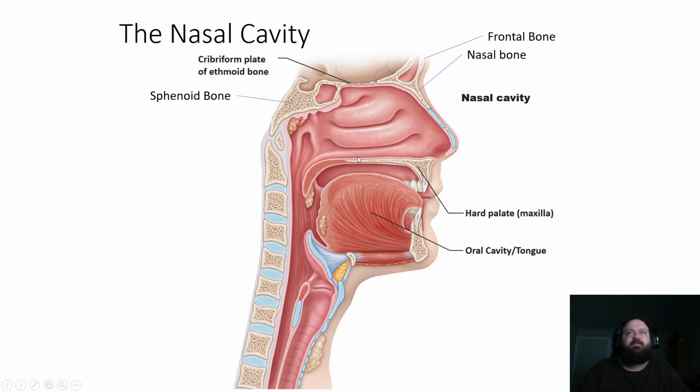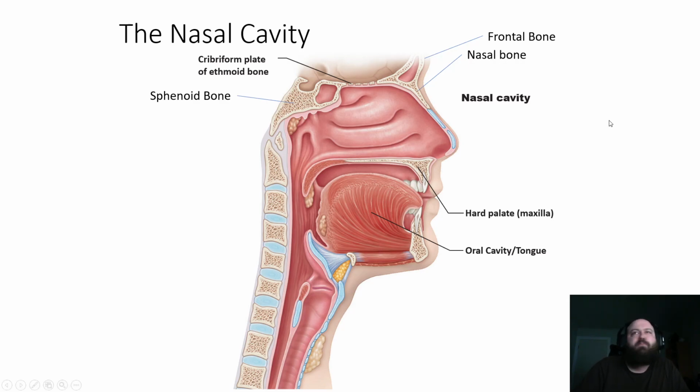So this is the bony framework. We can focus on the maxilla at the inferior levels. At the anterior, it's the nasal bone and the external nose. At the superior, it's the frontal bone and the ethmoid bone. In the posterior, it's the sphenoid bone and the vertebrae. And that is what frames your nasal cavity, your internal nose.